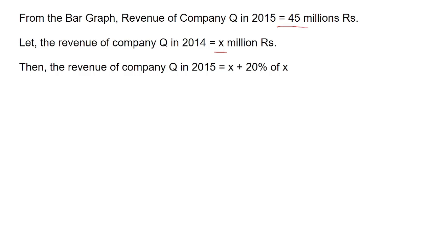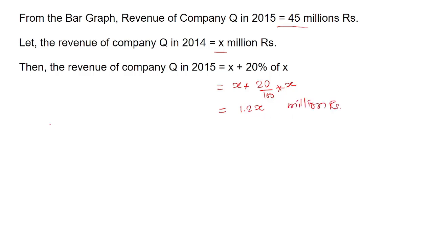So we can easily state that revenue of company Q in 2015 equals X plus 20% of X. Simplifying, X plus 20 by 100 multiplied by X will be equal to 1.2x.